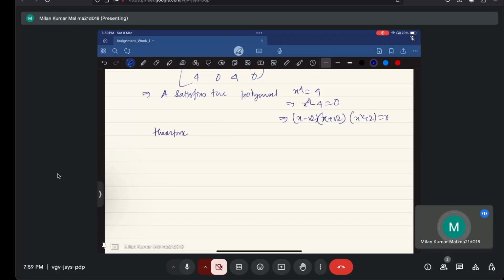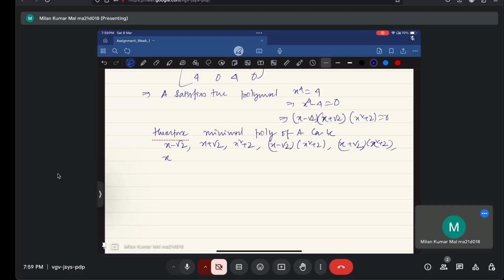Therefore the minimal polynomial of A can be either x minus root 2, or x plus root 2, or x squared plus 2, or x minus root 2 times x squared plus 2, or x plus root 2 times x squared plus 2, or x minus root 2 times x plus root 2.